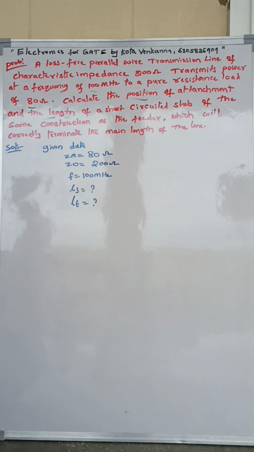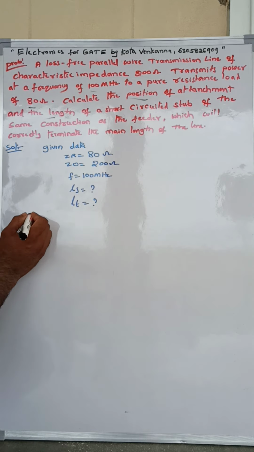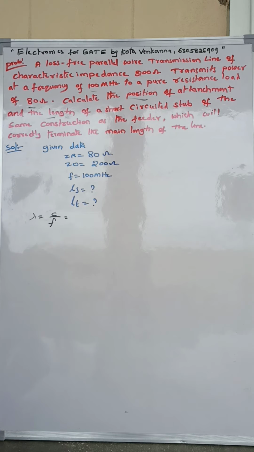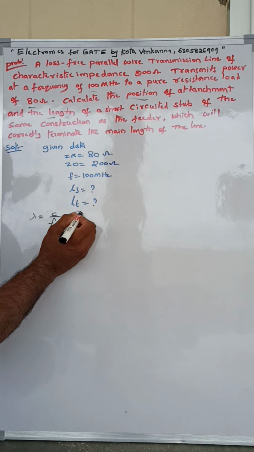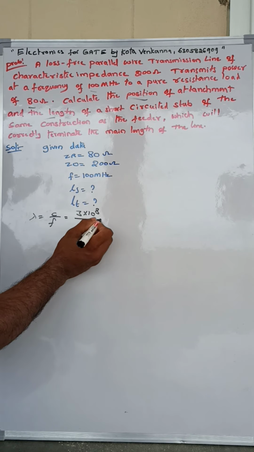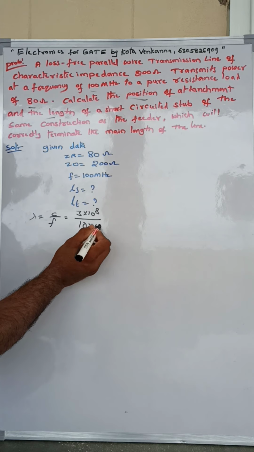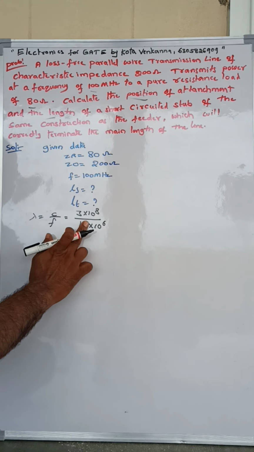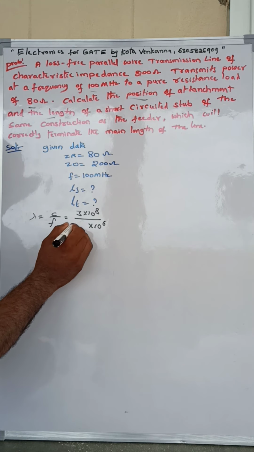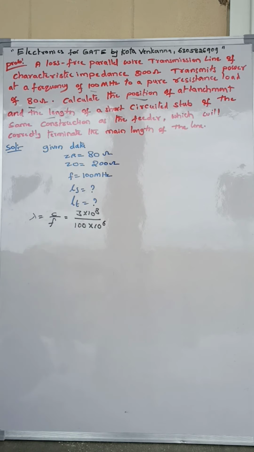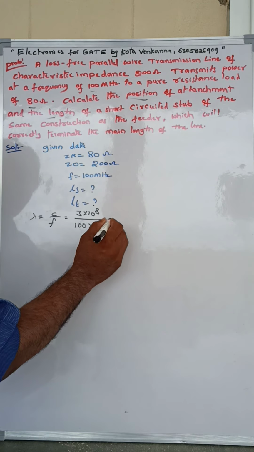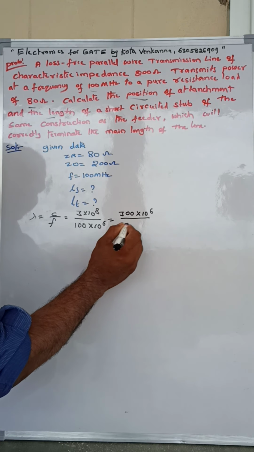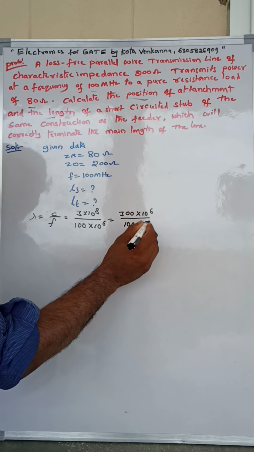By using this given data, we first find the lambda value. Lambda is equal to C by F, which is 3 into 10 power 8 by 100 into 10 power 6, that is 300 into 10 power 6 by 100 into 10 power 6.